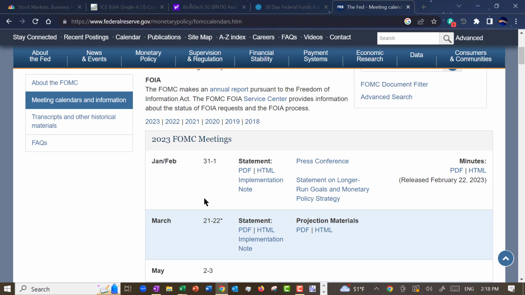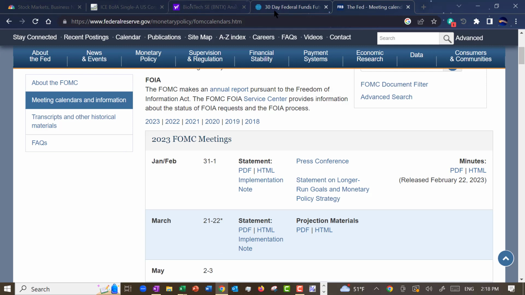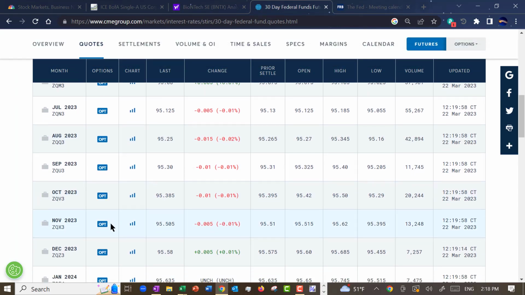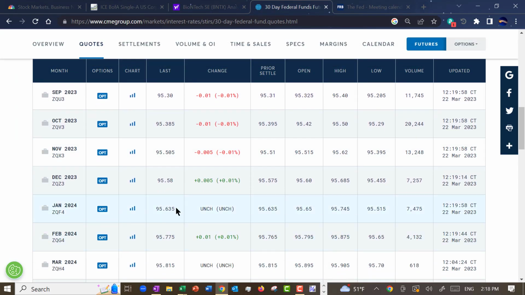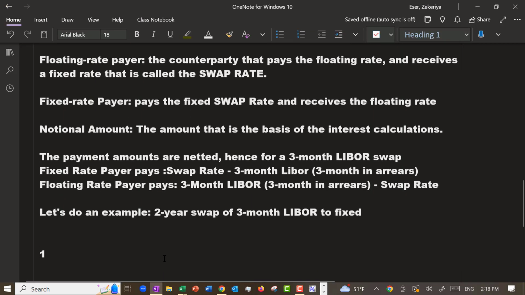So if you look at the January 24 contract, 95.635. That's 4.36 minus 0.08. Yeah, about 4.25.